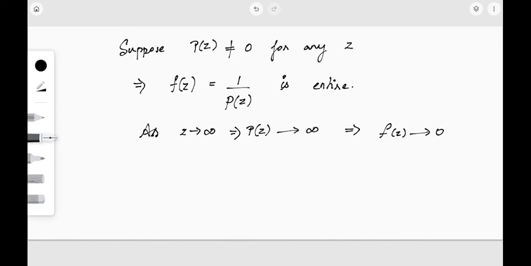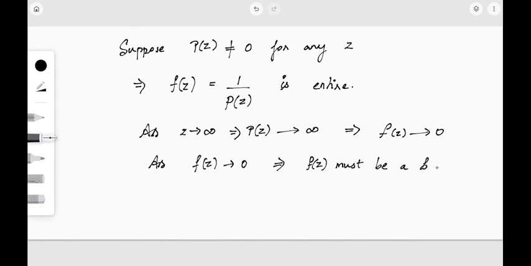So if f of z has to tend to 0, then we can say that this function must be bounded somewhere, right? Otherwise we cannot say that it is tending to some particular point, because if it is not bounded, then the region where the function is defined will be very large. So as f of z tends to 0, f of z must be a bounded function.